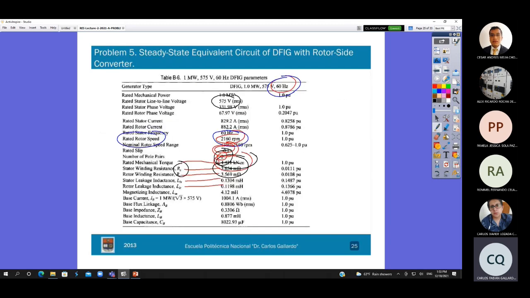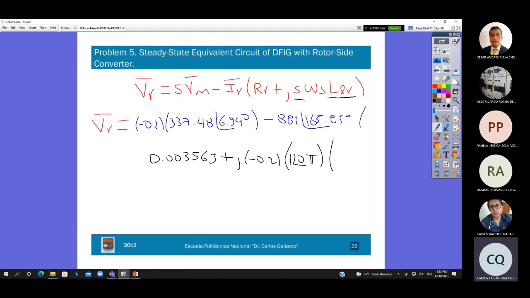Let's go back. The rotor leakage inductance is this value. I will use the conversion factor in order to have henrys: 0.001198. Let's use brackets.